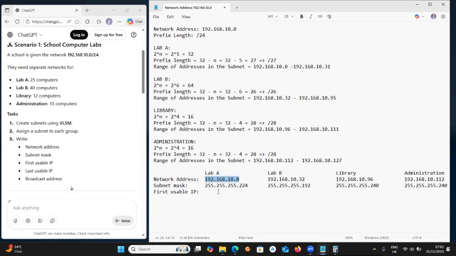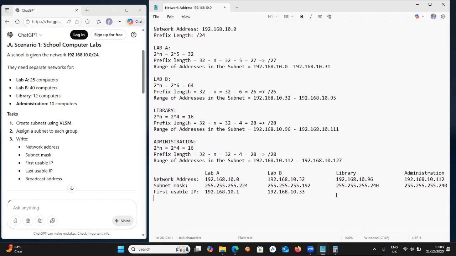So the first usable IP is going to be, we remove the 0, we put 1. For lab B, the first usable address, we remove the 32, we put 33.